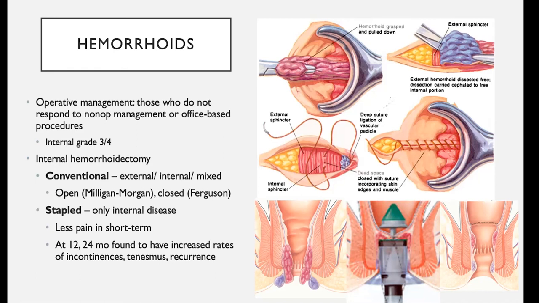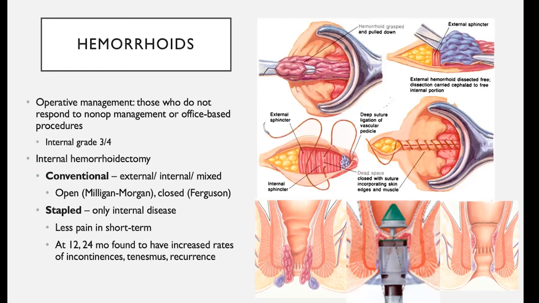There is an open type where you just leave the wound completely open, which does have a lower chance of infection, but it takes a lot longer for the wound to heal. So that's not really done often here. And then there's also a stapled hemorrhoidectomy, which is done with an EEA type stapler, and you can see pictures on the bottom of the right screen.